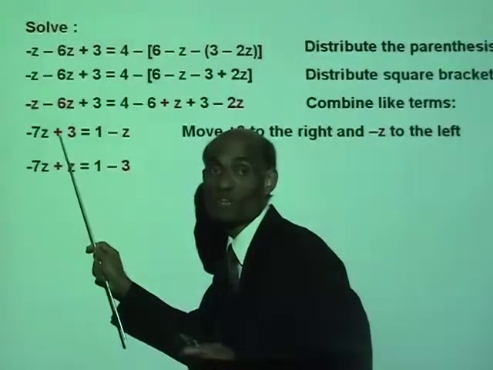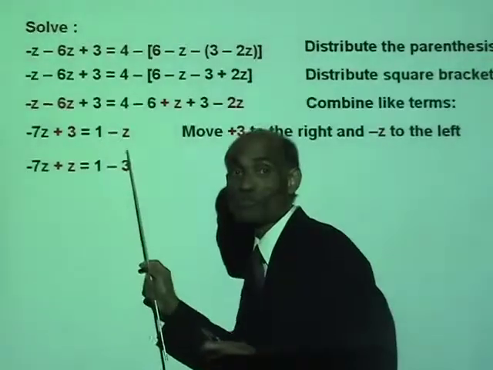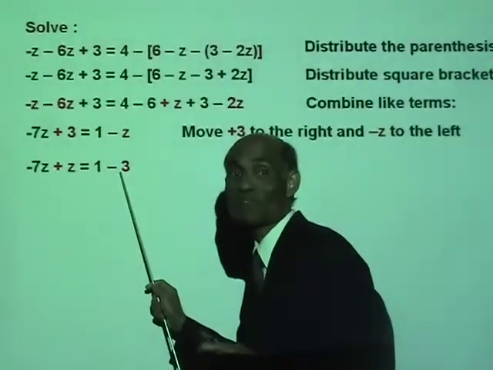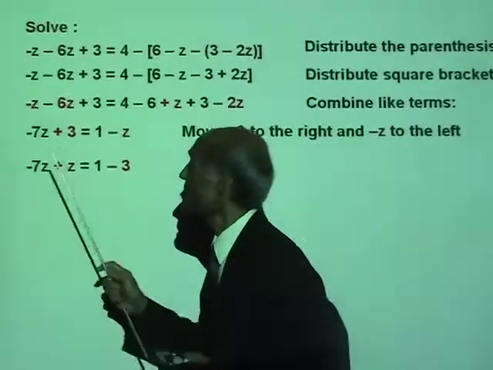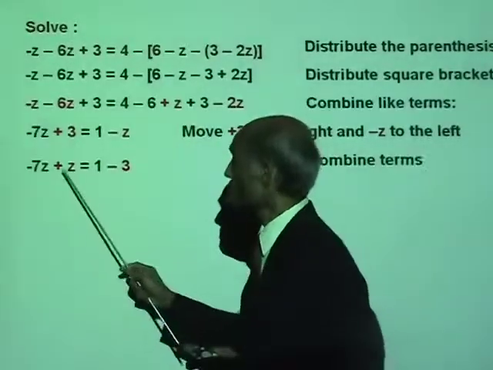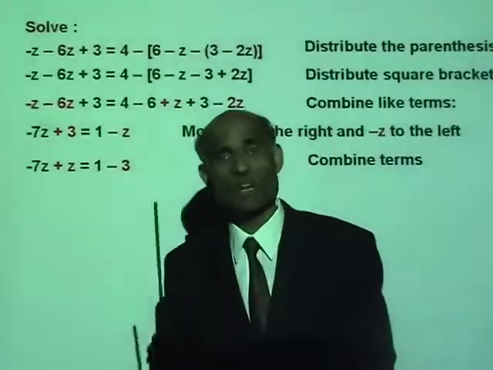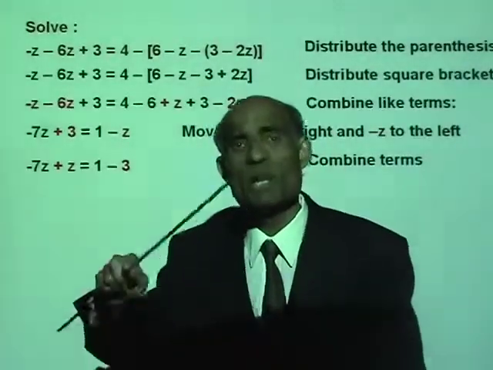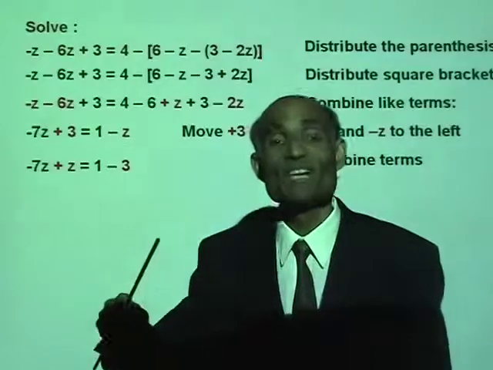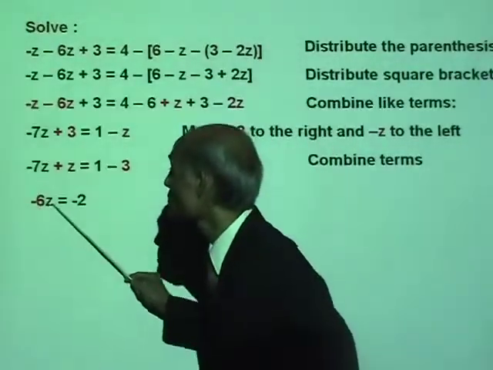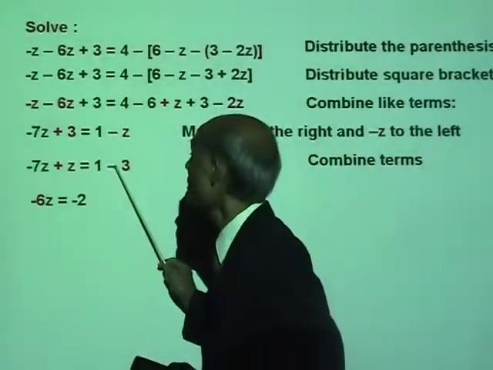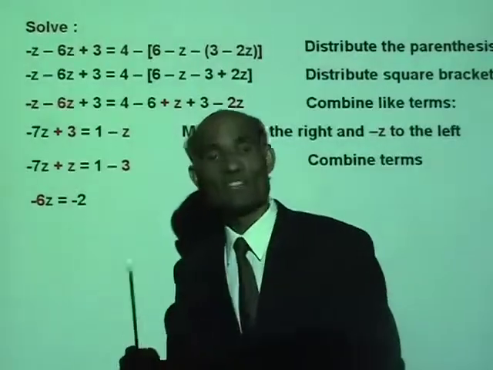The positive 3 on the left moves to the right, becomes a negative 3. So, we can now combine terms. Negative 7z plus z. What is negative 7z plus z? It is a negative 6z, and 1 minus 3 is negative 2.